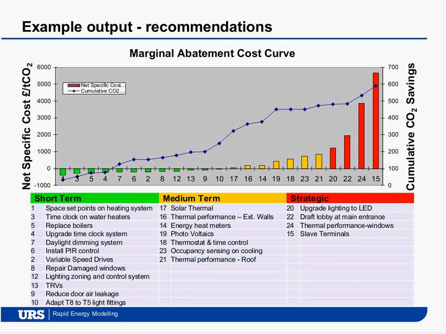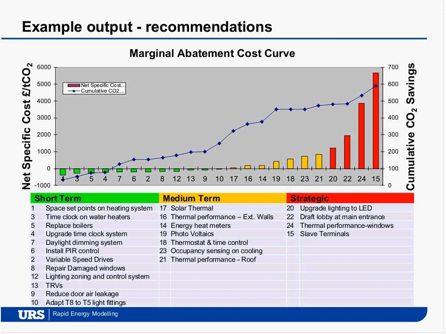I'll cut to the nub of it, which is what the output of this kind of study, a rapid energy modelling study, would give. And this is quite a key slide, so I'll just spend a couple of minutes discussing it. What you can see is that we've considered around about 25 options for this particular building.